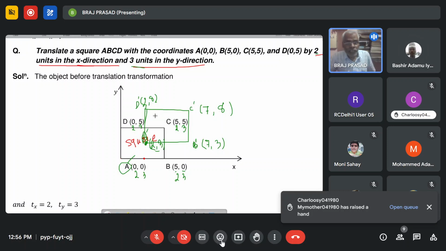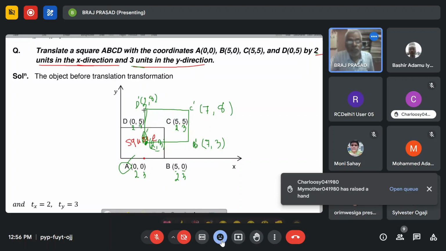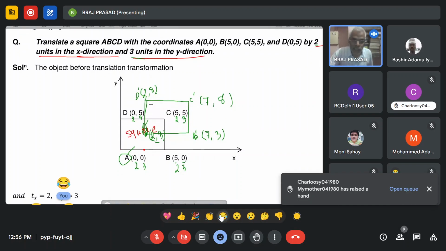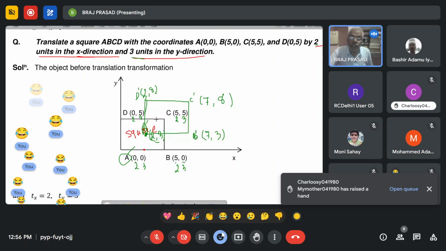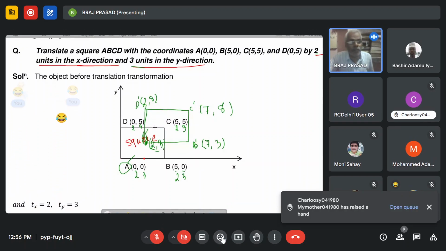But if the number of coordinates is in lakhs, millions, or trillions, then it is not possible manually. So we need some formula to calculate all these million points. So how will we use the above formula to calculate all these coordinates? You must remember all these things.